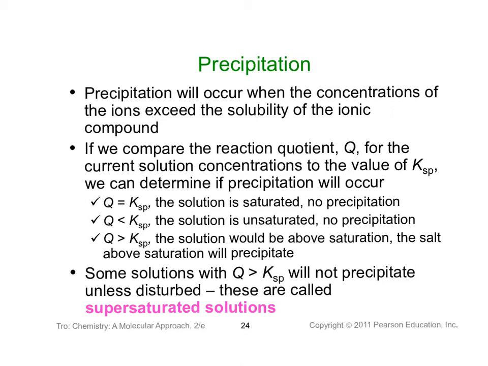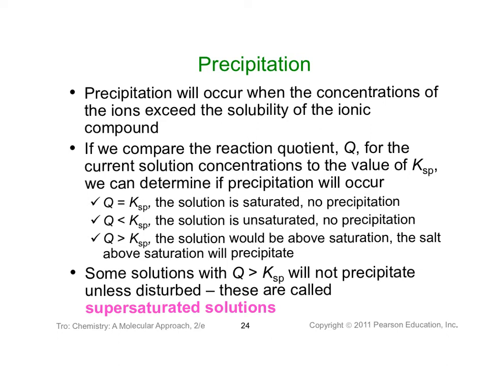If Q is equal to K, there's no precipitation because the solution is just saturated. If Q is smaller than K, the solution is unsaturated. If Q is actually greater than K, though, that means it's above the saturation point and something will precipitate out.